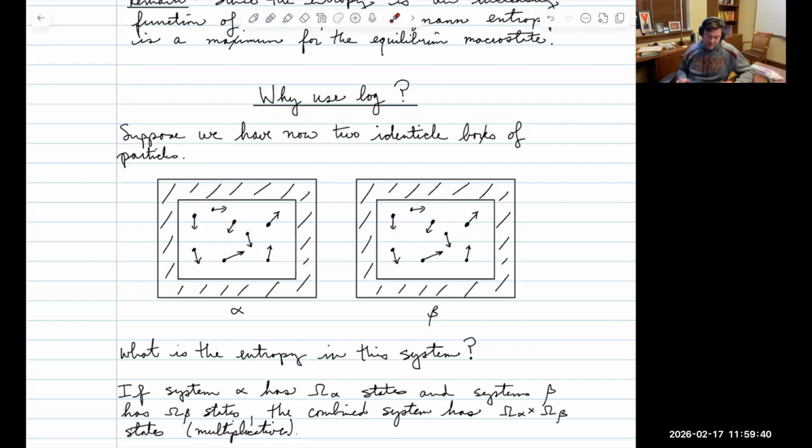Suppose I have two identical boxes of particles, or maybe similar boxes of particles. They have the same number of states and same energy budget. What's going to be the entropy of this system?